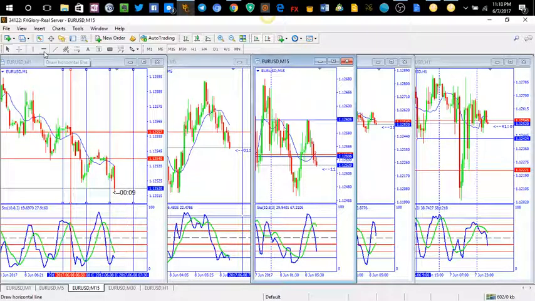I just sold this at 523, on this candle here, right at this intersection. And I knew there was a chance for that to happen.